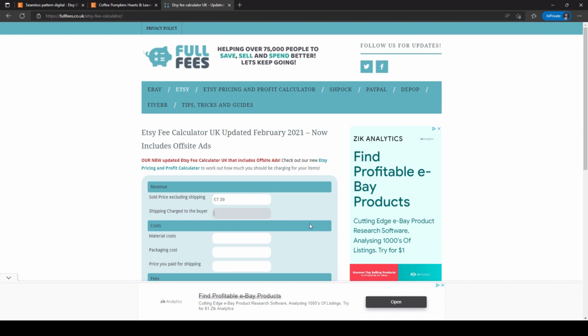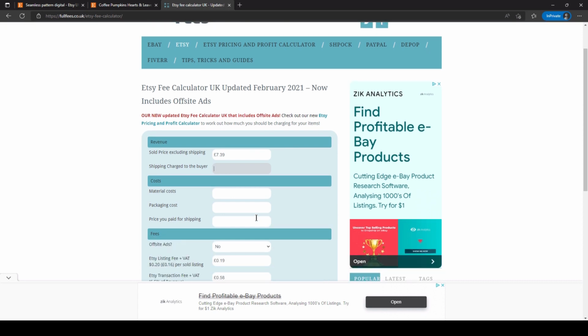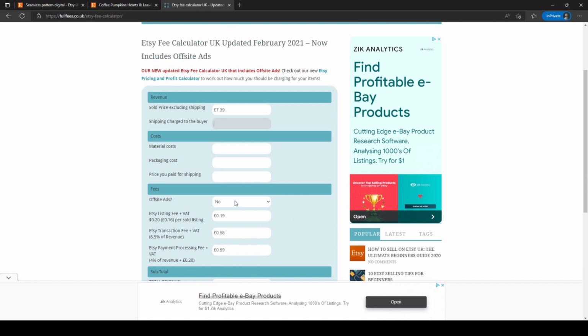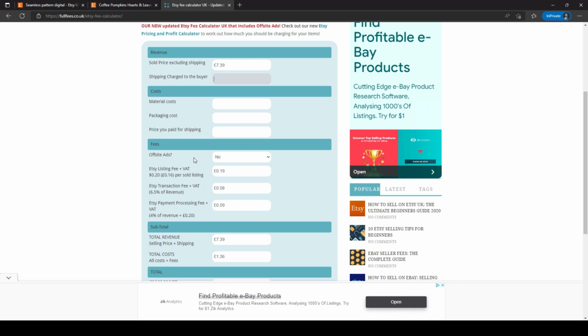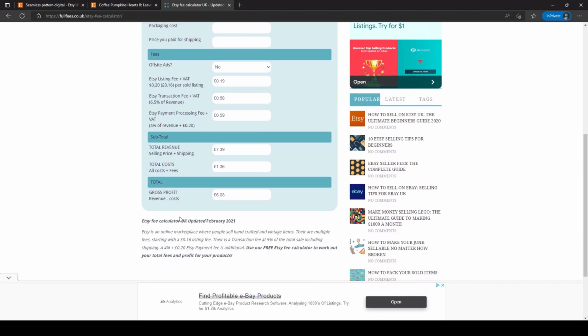There was no shipping involved, no materials, no packaging, and we'll run no ads. And these are the fees that Etsy charge, or at least they did in February 21. And there's your profit, £6.03.